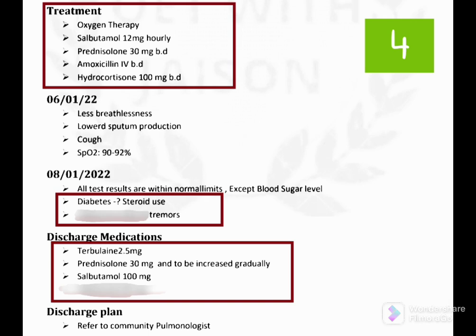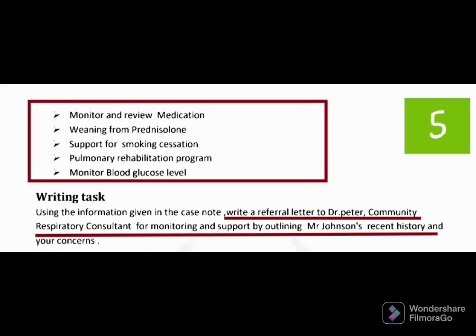The discharge medications are terbutaline 2.5 milligram, prednisolone 30 milligram, and salbutamol 100 microgram. The discharge plan is referral to a community pulmonologist because the patient is still on medications and we need to continue with the assessment and proper management.